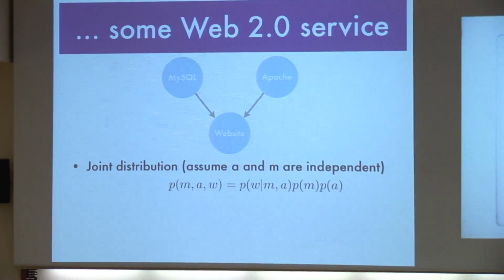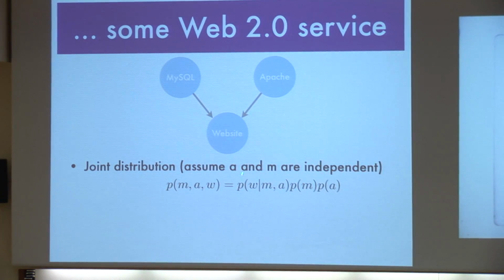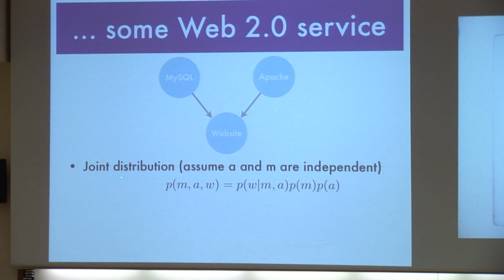somebody's in trouble. So a rather crude model would be that I model the joint distribution over MySQL, Apache, and the website as P of W, website, given the database and the web server, times the distribution for the database and the distribution for the web server.